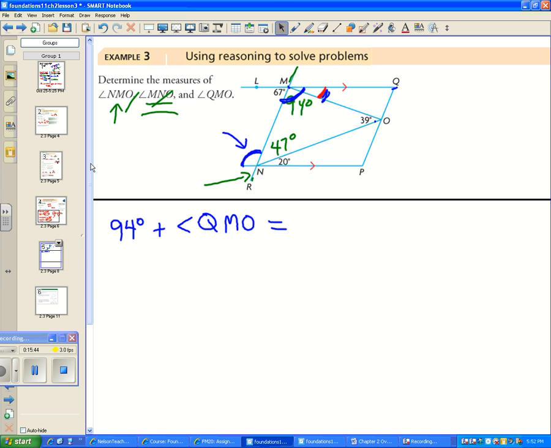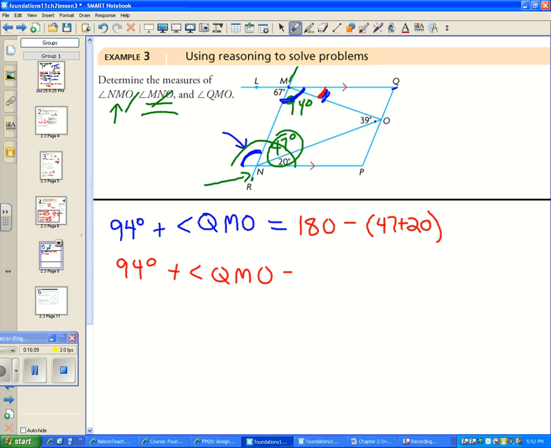I can say that there's an entire 180 degrees minus this part, so it is equal to 180 minus 47 plus 20. Okay, so I have 94 degrees plus angle QMO is equal to 180 minus 67, which should be 113.